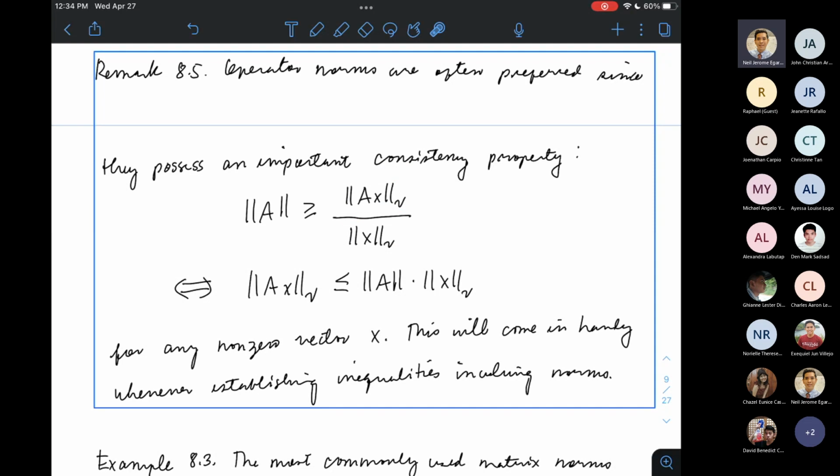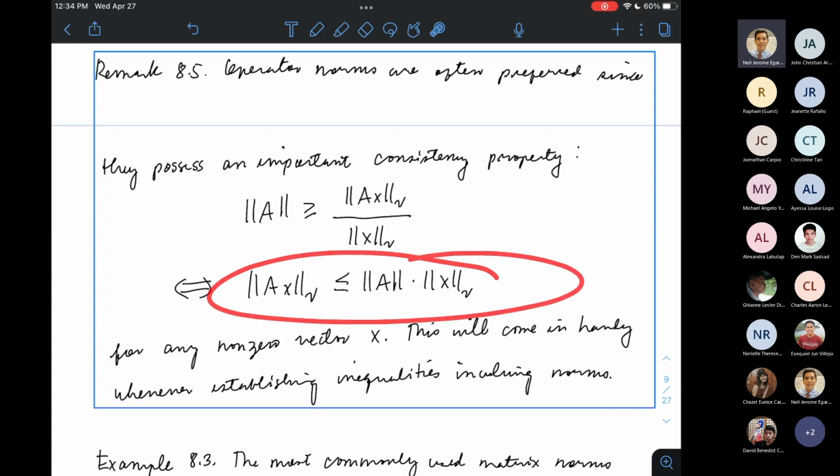It's straightforward from the definition because we said that the operator norm is just the supremum or the least upper bound of these guys. So lahat ng ratio na ganito yung itsura is always bounded above by the operator norm. And then if we multiply both sides by the norm of x, we get this inequality. All right?